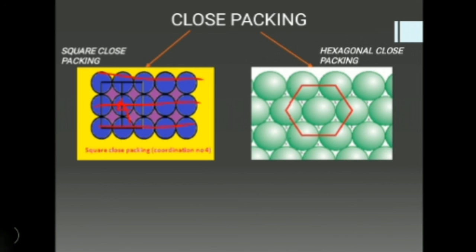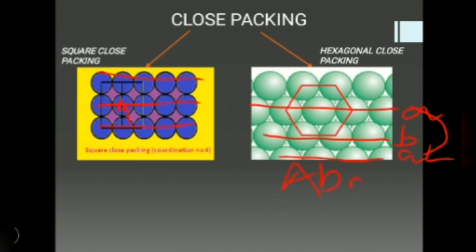If the first row is named A, the second row will be named B, because the rows are not in the exact position, as they have been placed in the voids. But the third row will be similar to the first row, hence it will be named A. So these are called ABA packing.